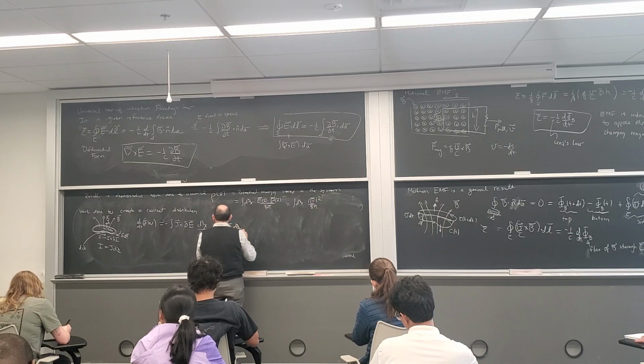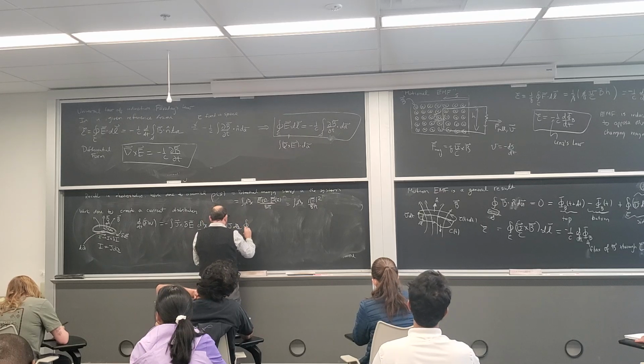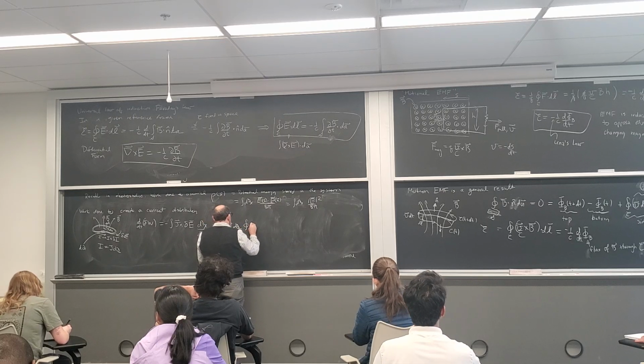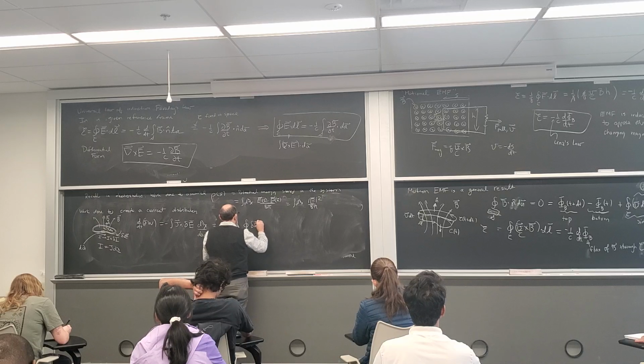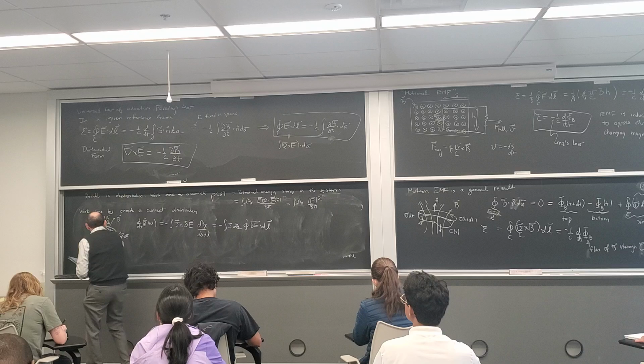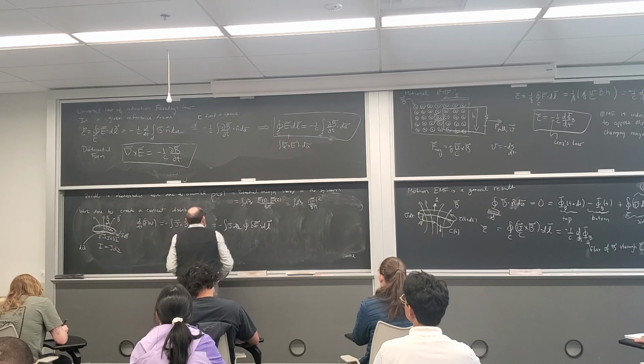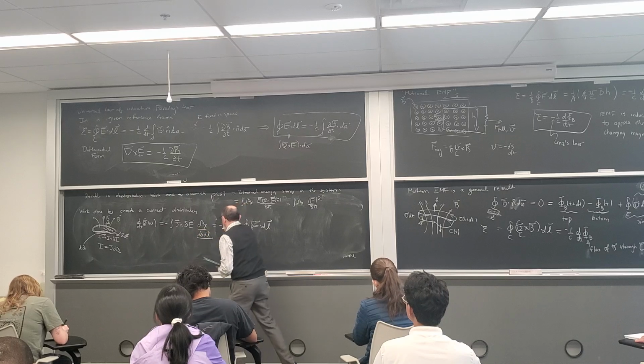And then that's the cross-sectional area, and then I'm going around the whole loop, delta E dot dL. So A dL over here, and that's where that came from.